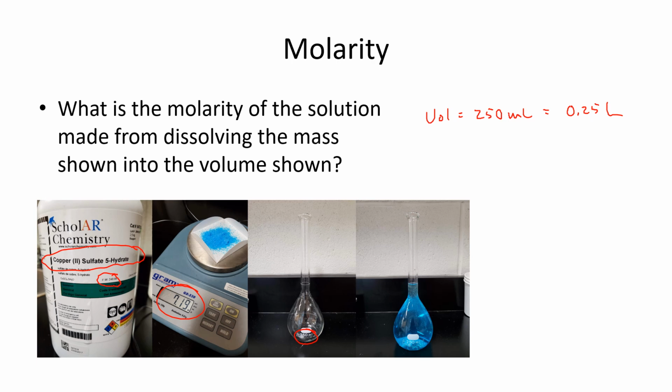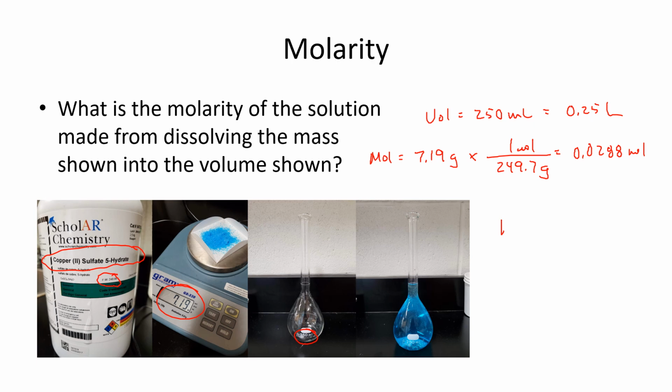And the moles is 7.19 grams, and the molar mass was 249.7 grams per mole. And so that works out to be 7.19 divided by 249.7 equals 0.0288 moles.